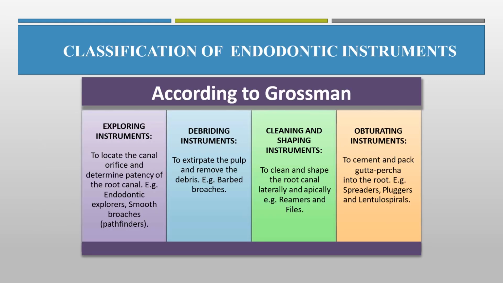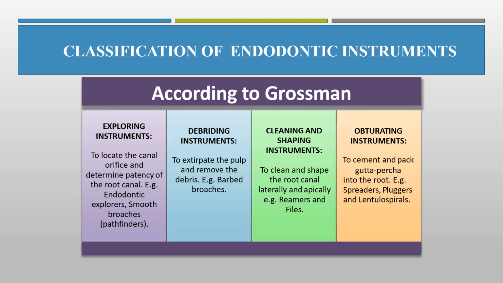Now coming to the classification of endodontic instruments, according to Grossman, they can be classified as exploring instruments, debriding instruments, cleaning and shaping instruments, and obturating instruments. The exploring instruments are the ones which are used to locate the canal orifice and to determine the patency of the canals, like endo explorers, DG16 explorers, smooth broaches.